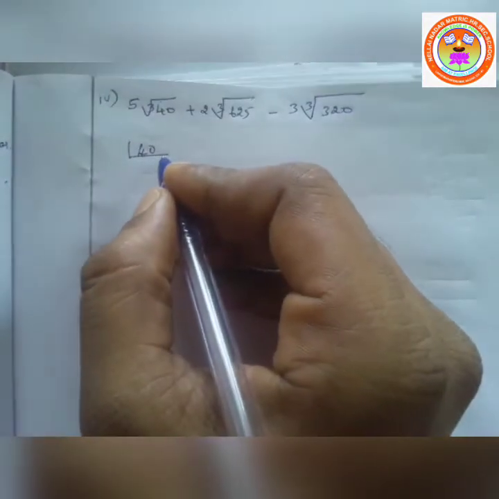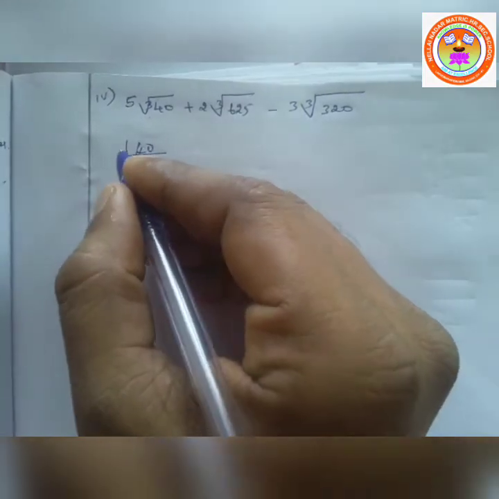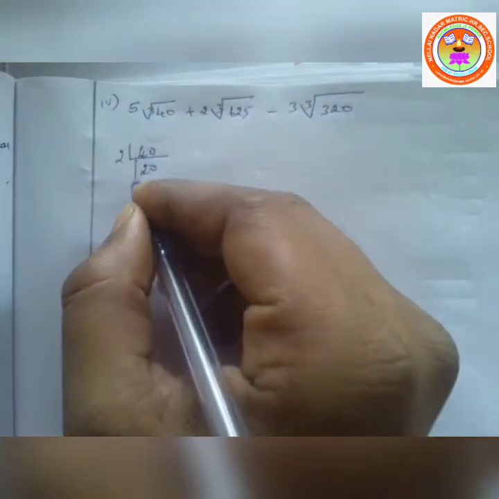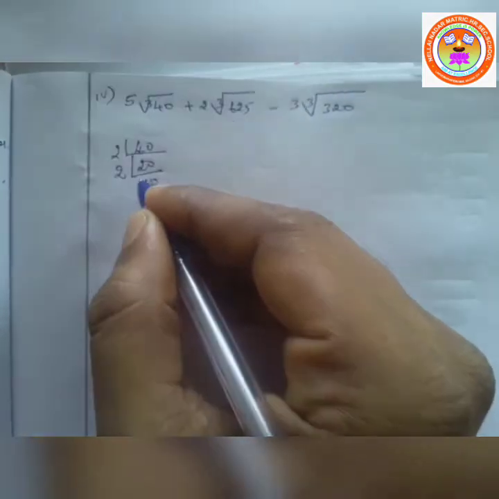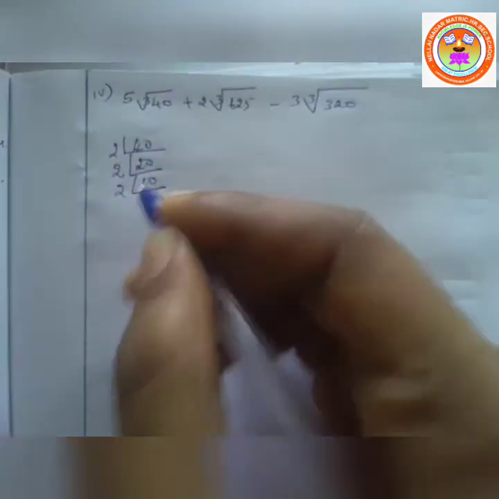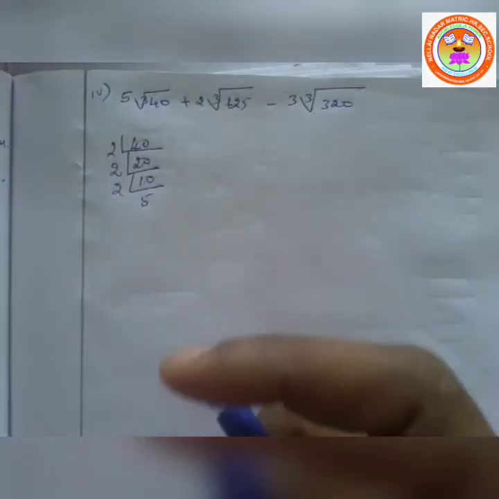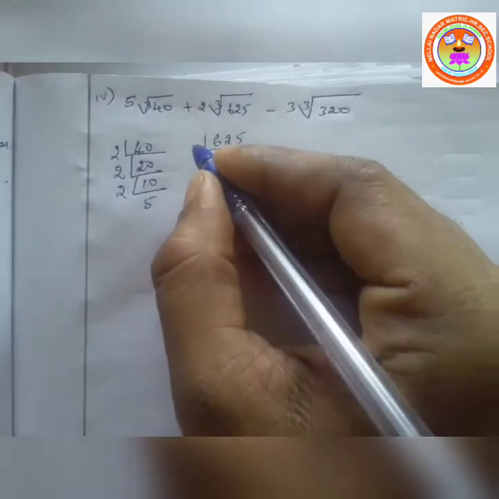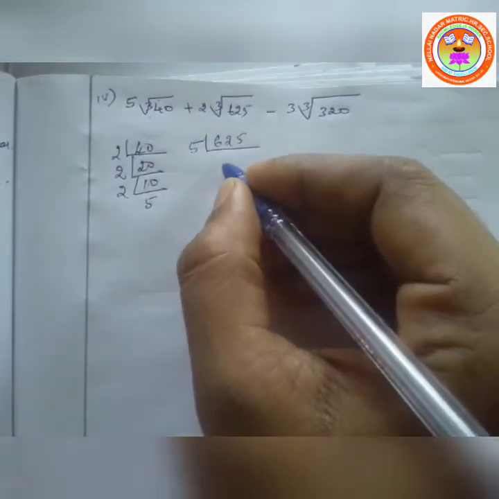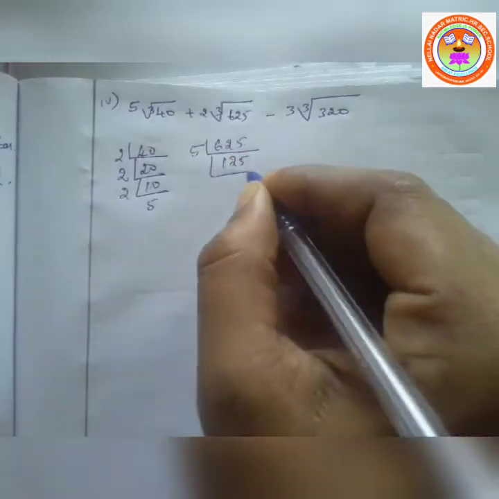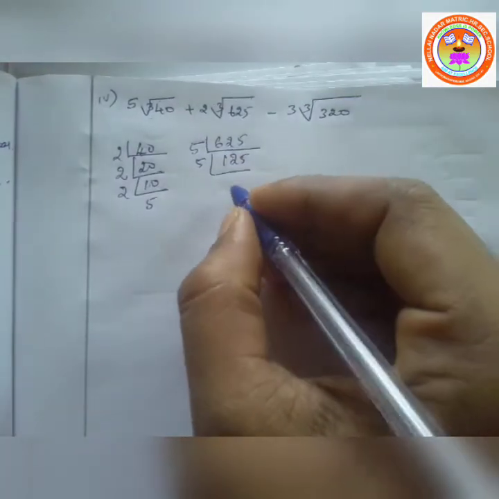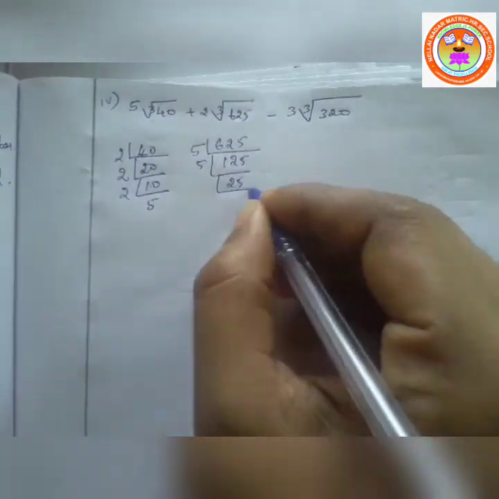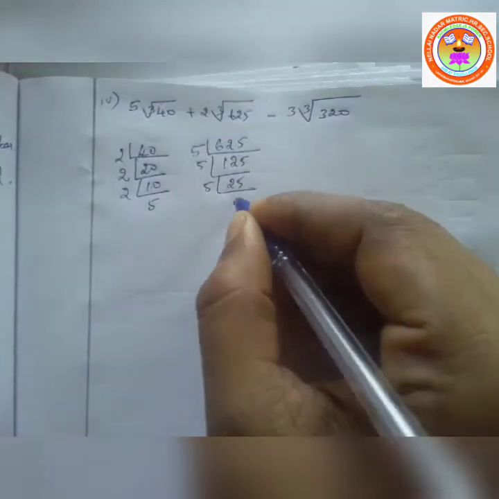So for 40, you will take 2 tables, 20 again 2 tables, 10 again 2 tables, 5. Now for 625, 5 table, 125 again 5 table, 25 again 5 table, 5.